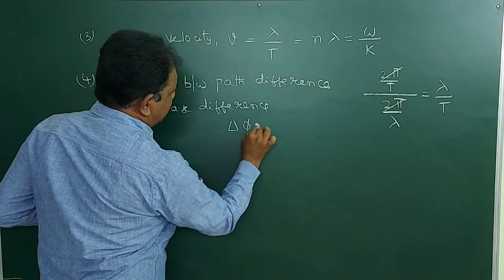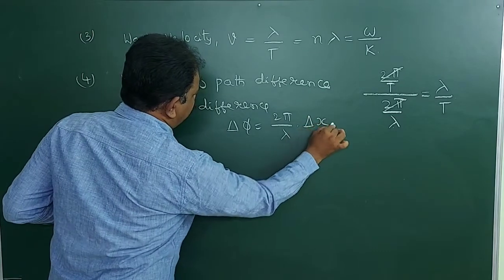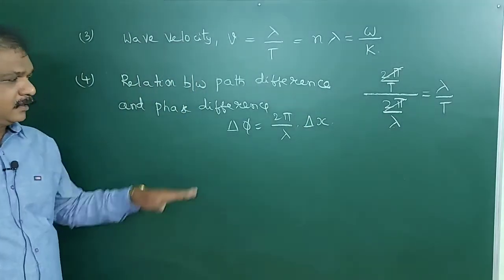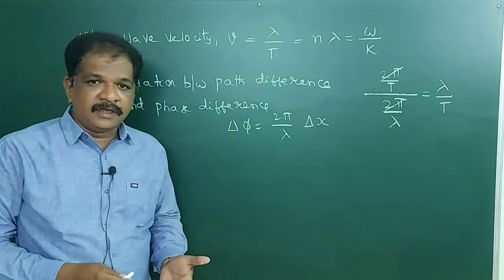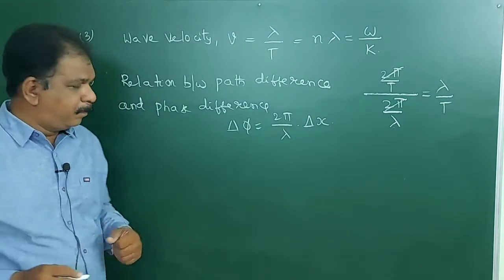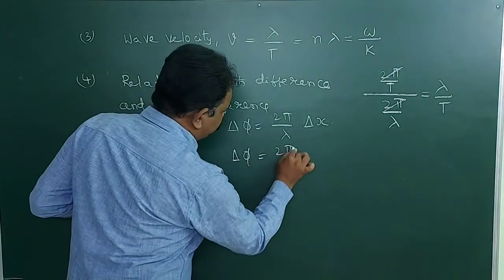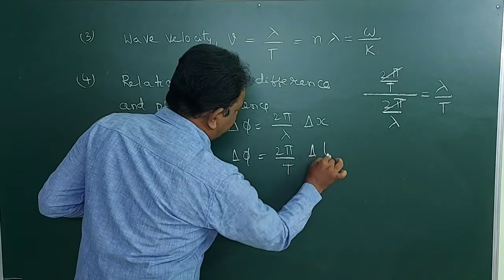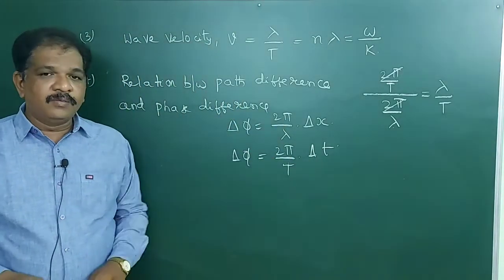Δφ = (2π/λ)Δx. This formula we will use. For example, if time difference is given, they ask the phase difference. Δφ = (2π/T)Δt. These formulas we will use.